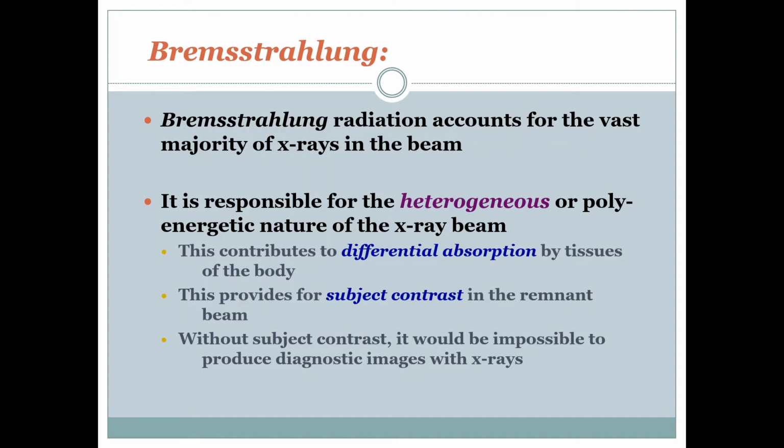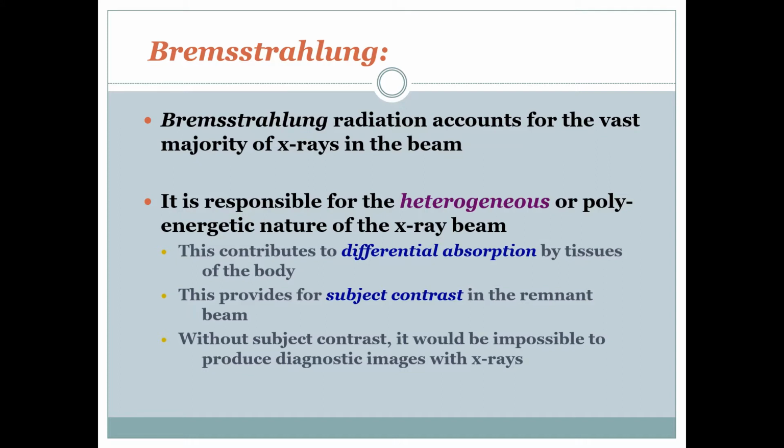Bremsstrahlung accounts for the vast majority of X-rays in the beam. Brems is responsible for the heterogeneous or polyenergetic nature of the X-ray beam. This means that our X-ray beam is going to be made up of many varying energy levels, not all one strength.